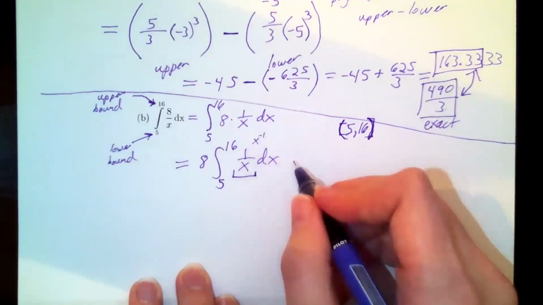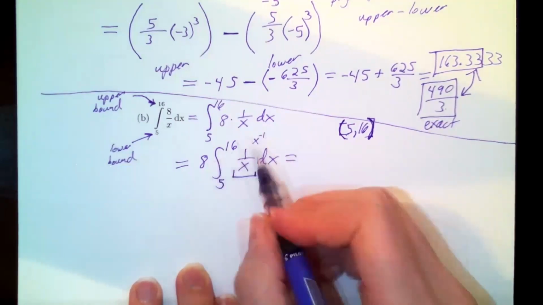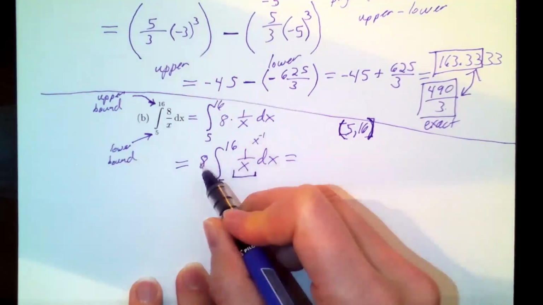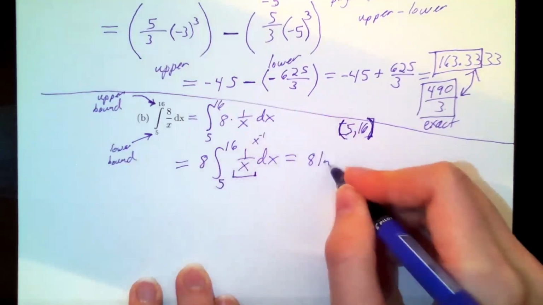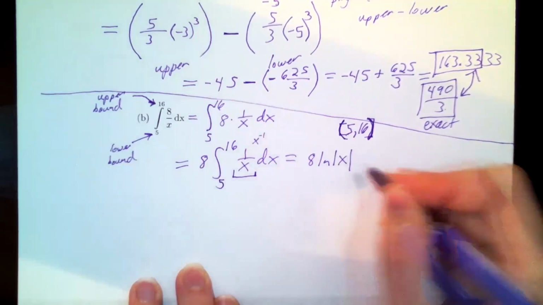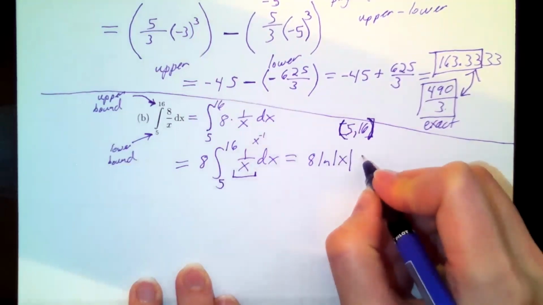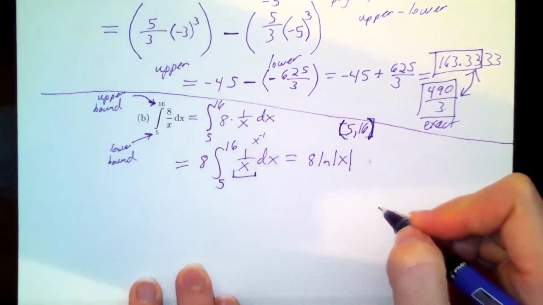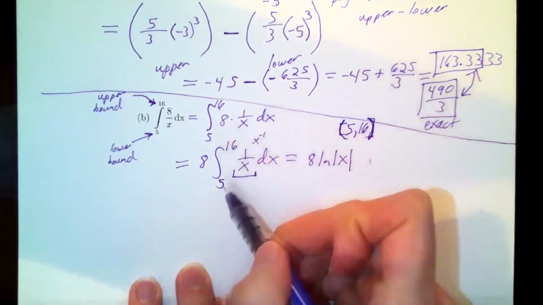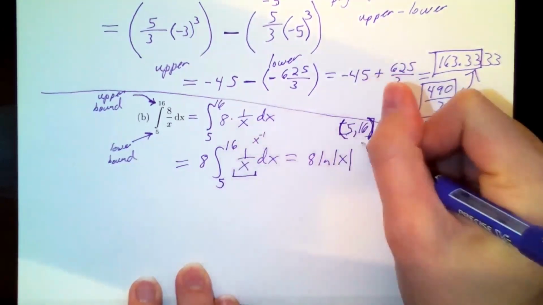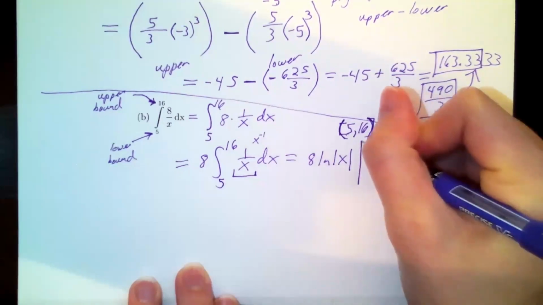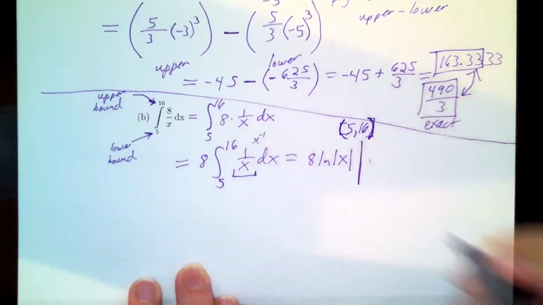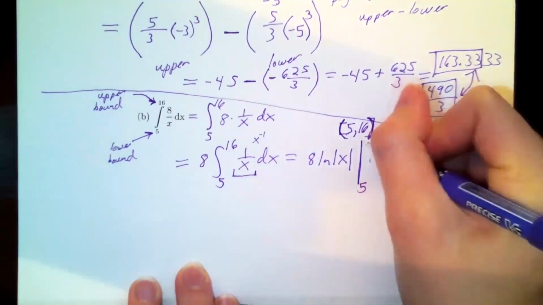So I can go ahead and integrate this. This is ln of x times 8 when I integrate. But this is where, in section 6.1, I would have done a plus c and been done. But since we're doing definite integrals, and I have these numbers here, that means they want me to evaluate this, and we use a little vertical line, it means to be evaluated, from 5 to 16.